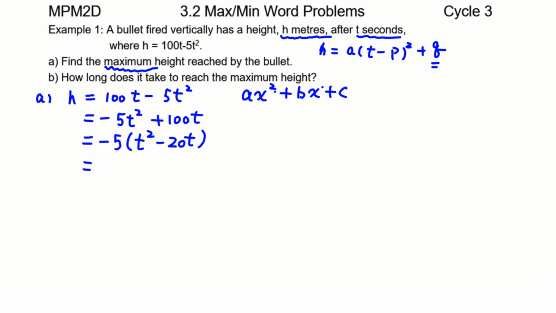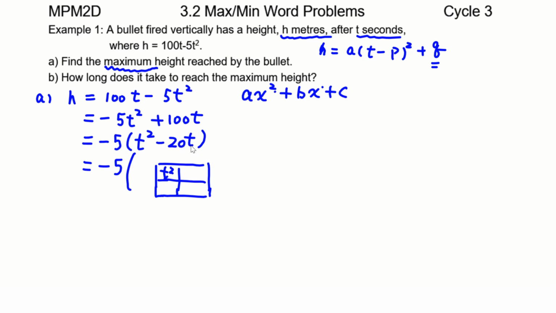You could use a box method, or you could use the traditional method, adding half of b, bracket squared. I will use the box method. We put the t squared in the first box, then for minus 20t, we want to split it in half.